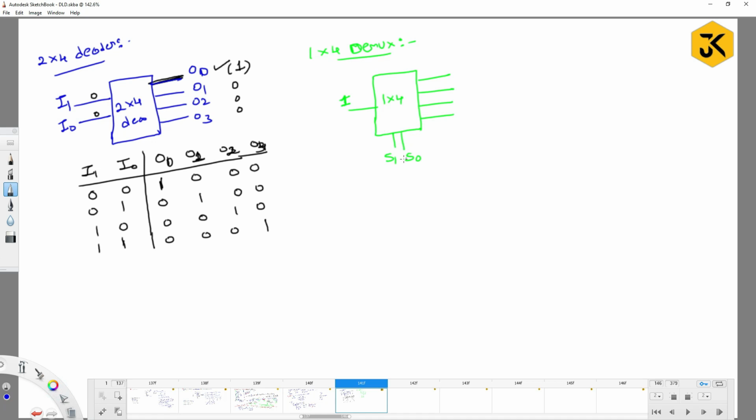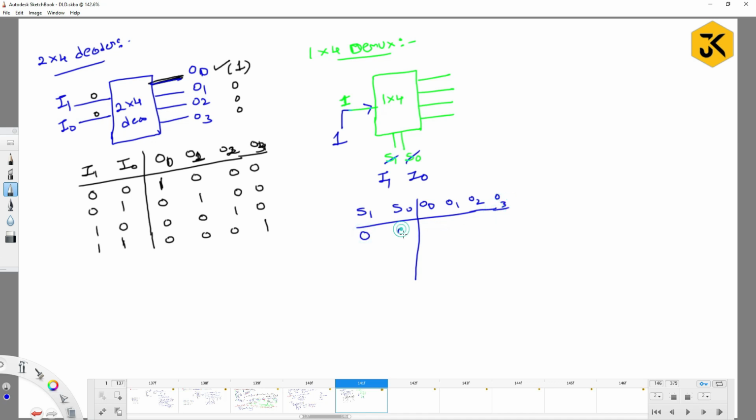In place of selectors, can I write I1 and I0? Yes, and in place of this I will simply pass the value 1. Is there any change? If you observe, guys, in the 1 by 4 demux truth table, we mention S1, S0, O0, O1, O2, O3.